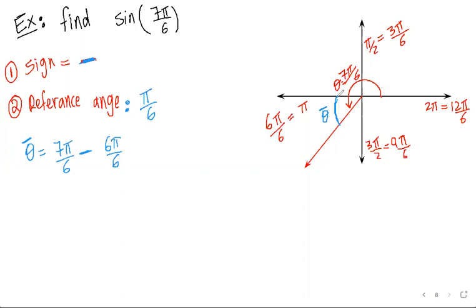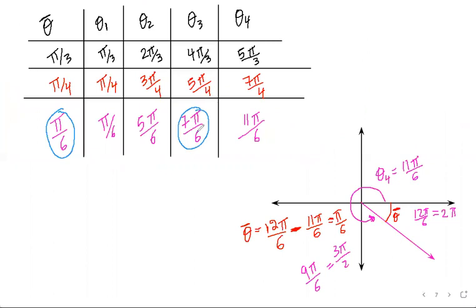From here to here is 7 pi over 6, minus from here to only here, which is 6 pi over 6. So the answer here is pi over 6, the same as the table.